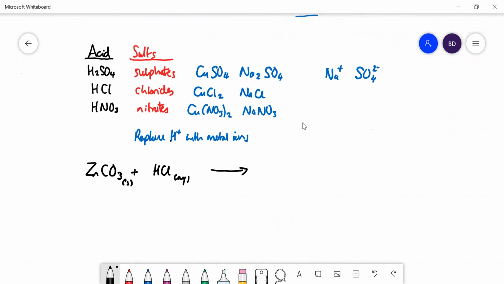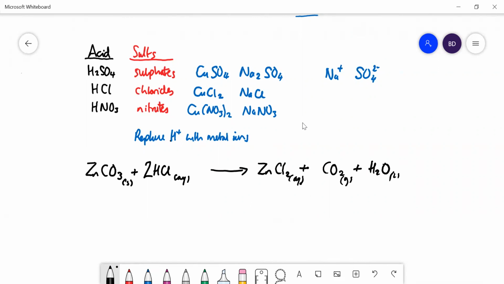You're going to get the salt, which will be zinc chloride, and it'll be ZnCl2 because zinc is the 2+ ion, of course, and chloride has got a single minus charge on it. And then we're going to get CO2 and H2O. That'll be an aqueous solution, gas, and liquid. Right, what do we need to do to balance that? We just need to put a 2 in front of the HCl, and that will do it.